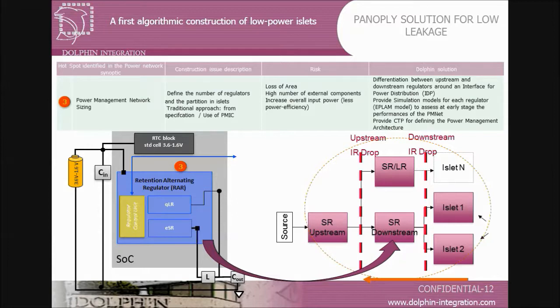You certainly know that power management networks can be selected among several criteria, like limiting the number of external components, the area, the power consumption you want to save, or the number of power modes you want to be available in your SoC. So in this example, the retention alternative regulator can be a downstream regulator because it's optimized for the islet in retention mode.